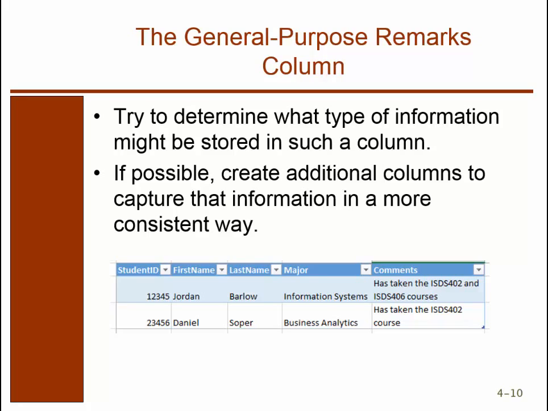So rather than just putting this information in a generic comments field, it might be better to create a separate table that has courses and relates to students, so that it's not quite so inconsistent and murky and vague.